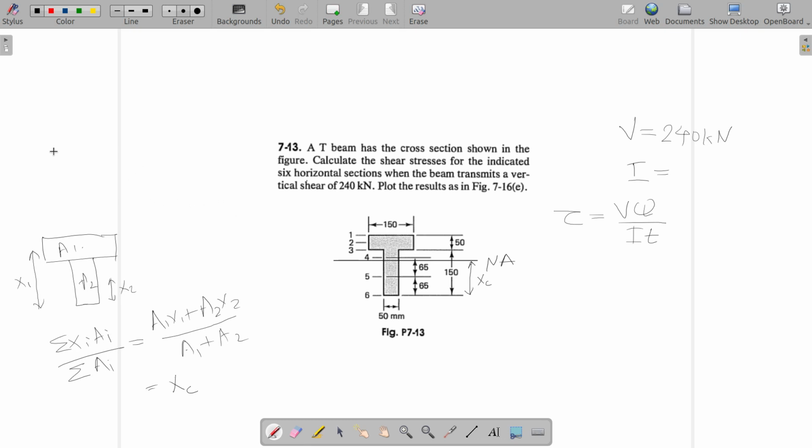So you know the formula bd cubed by 12, which you can use to calculate the individual area moment of inertia.